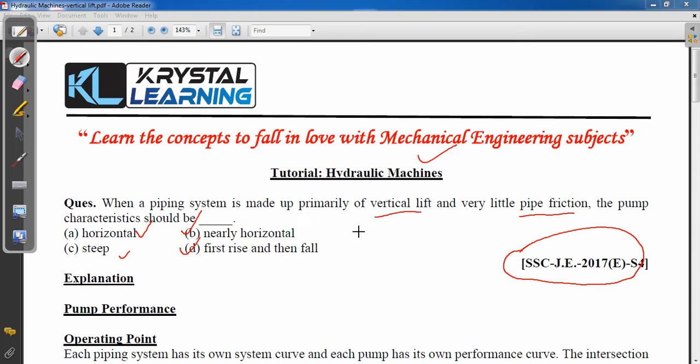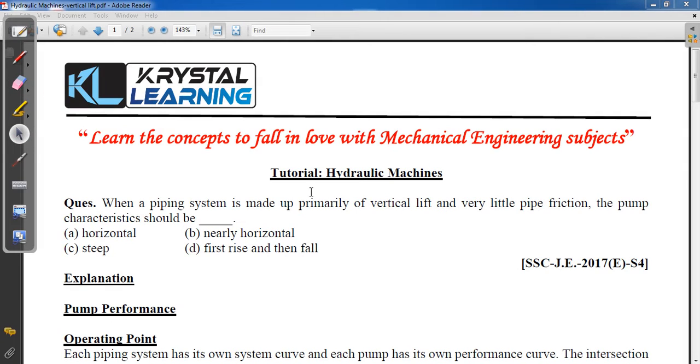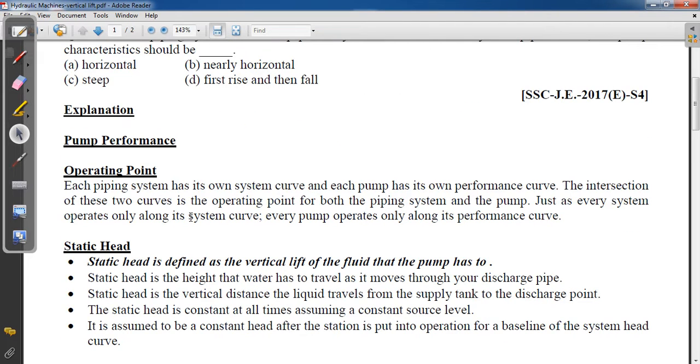So it is always advisable to understand the question rather than rote learning or memorizing the options, because if there is a sudden twist in the question and the topic is the same, you won't be able to do it. So now let's see some theory related to this question.